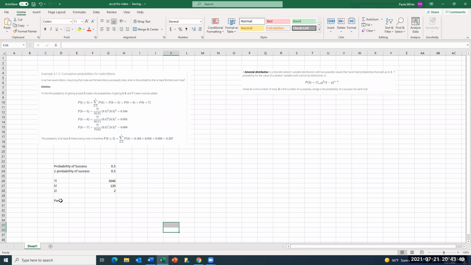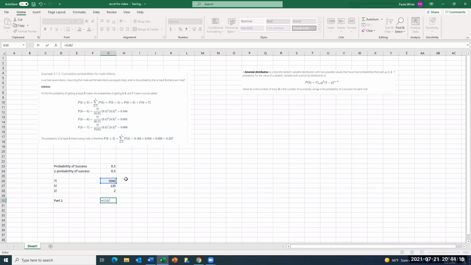We're now ready to work out the first part of the formula, which is figuring out the possible combinations that we have of getting five successes out of 7 trials. So this would be the 7 factorial divided by 5 factorial times 2 factorial. So we're going to put in our formula. We're going to pick up 7 factorial.